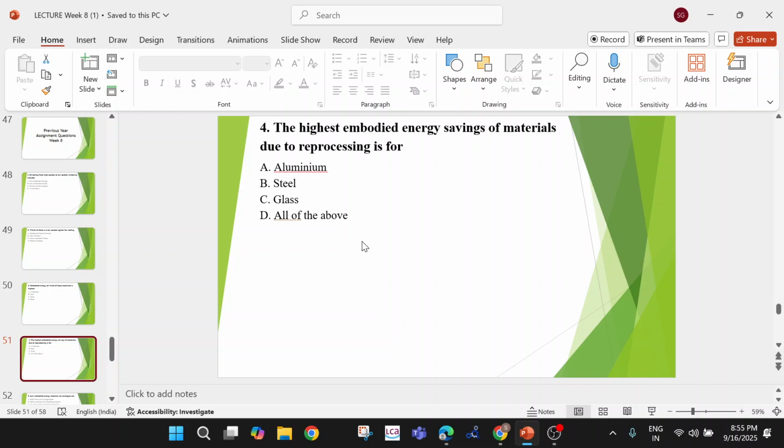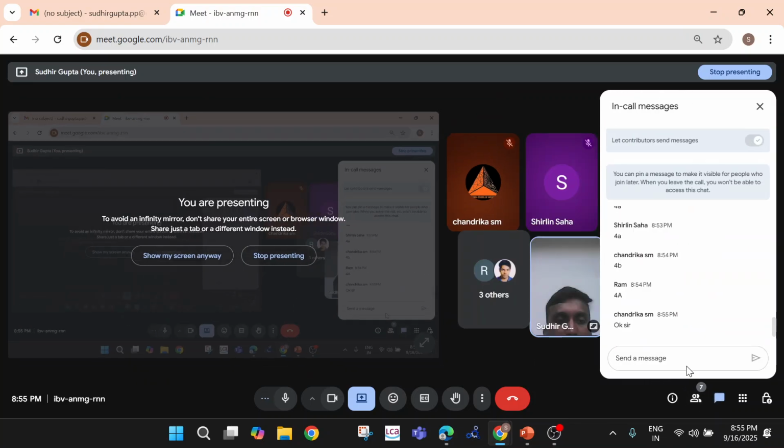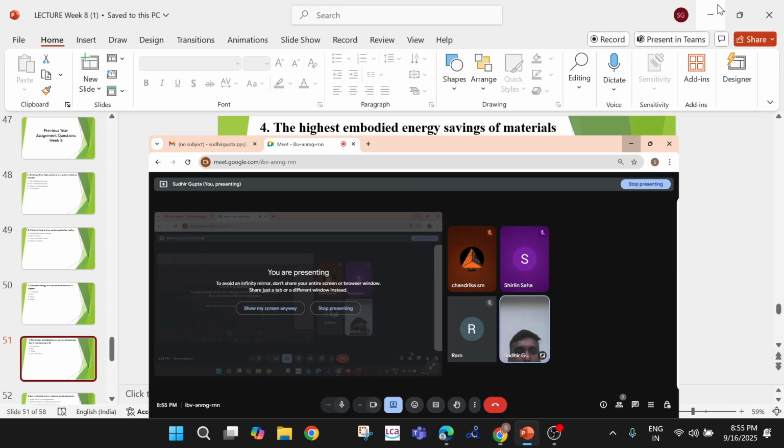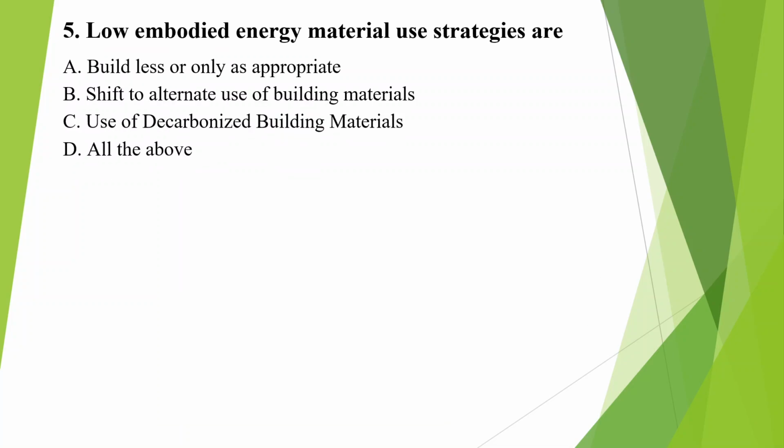Whenever you do reprocessing or recycling of materials, it will save up to 95% of the energy compared to primary production, that we have discussed in some of the sample problem questions. Okay, so now she is okay with the explanation, as I can see. So A is the correct answer for the question number 4. Let's move to the question number 5.